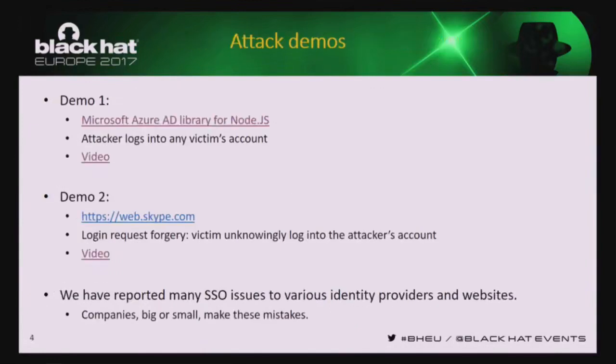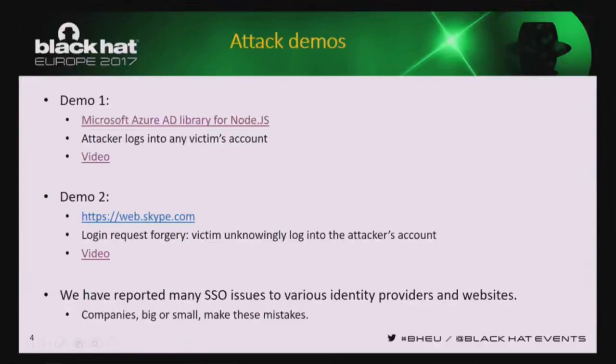Next, I'm going to show you a few video demos. The first demo is about the Microsoft Azure Active Directory library that we just saw a few minutes ago. This bug allows the attacker to log into the victim's account.